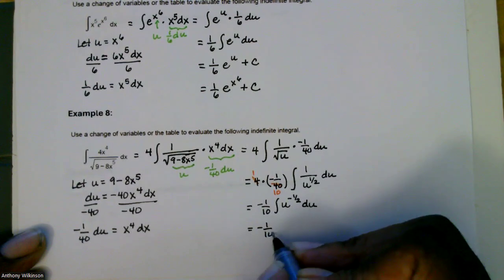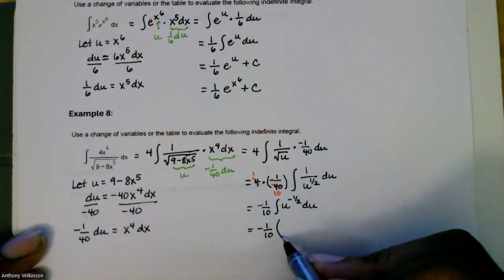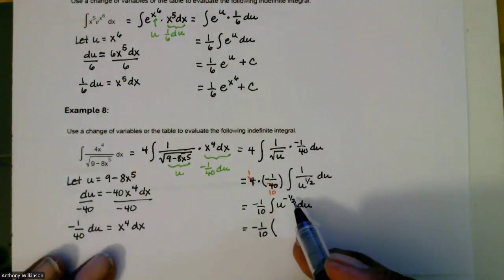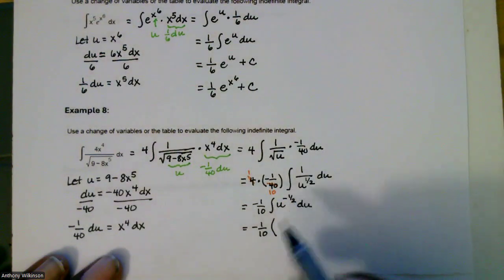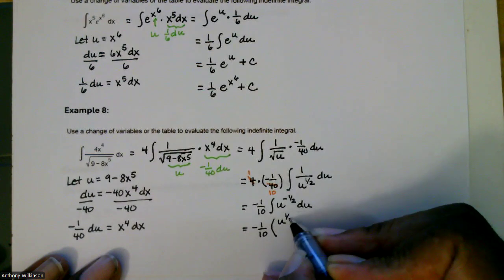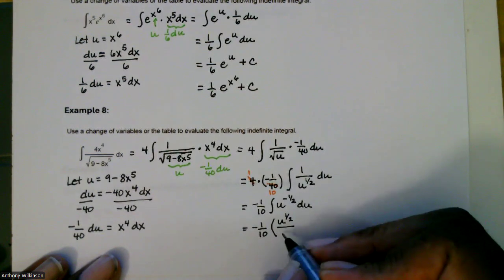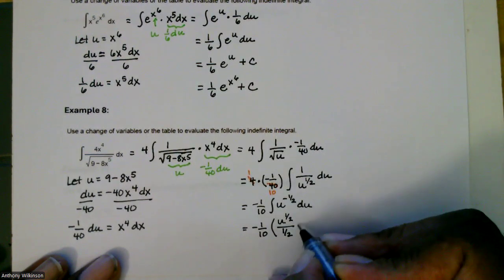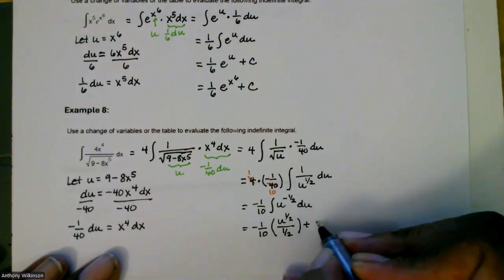So now we got negative 1/10 times, if I increase the power by 1, that would be negative 1/2 plus 1, which would be u to the positive 1/2. Divide that by the new exponent of 1/2, and then plus c.